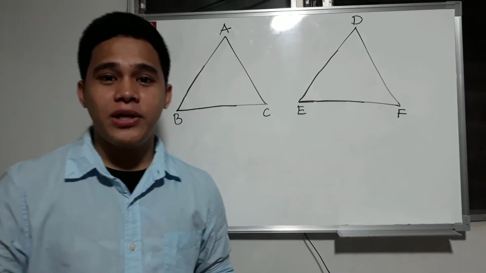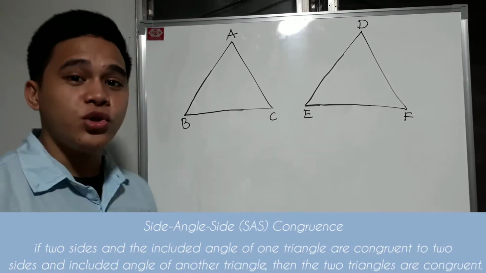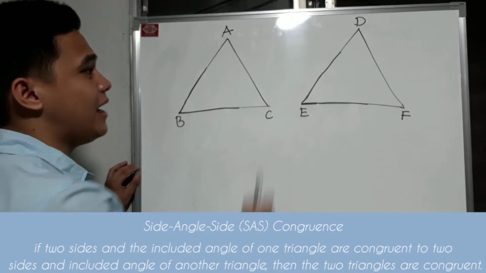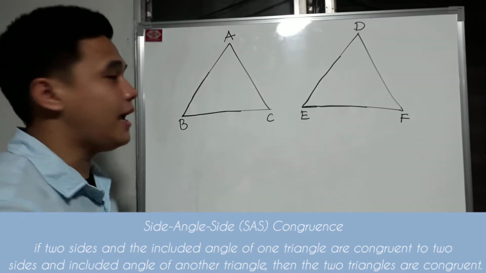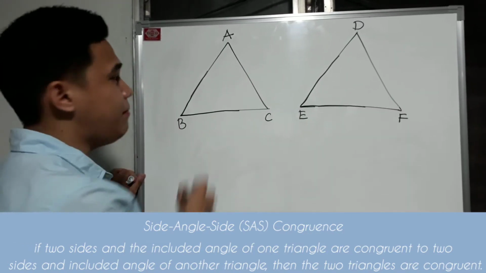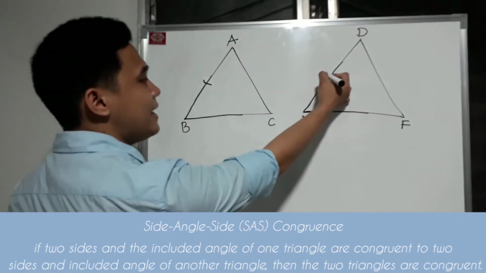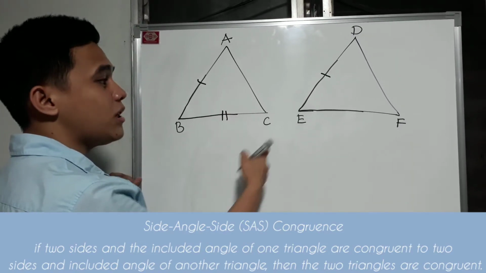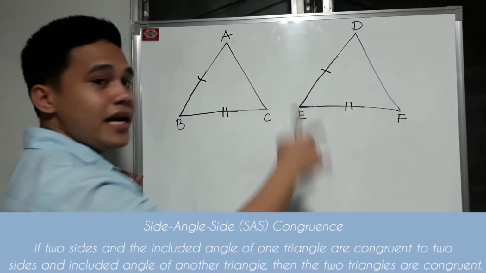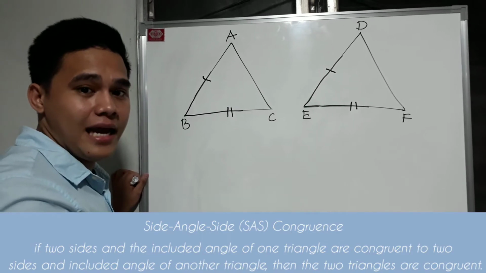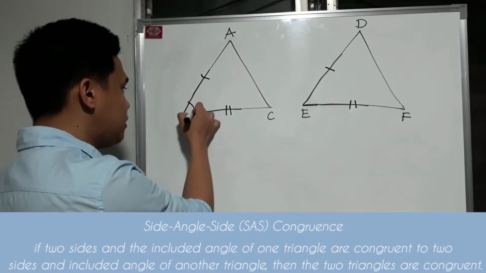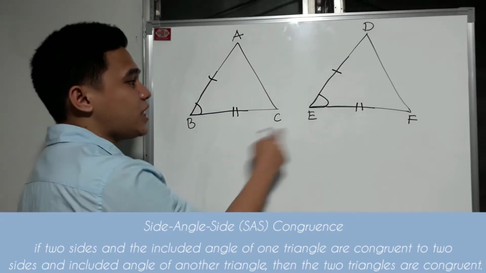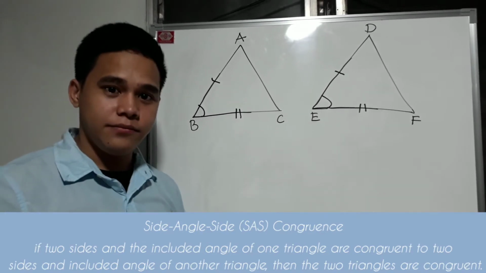So this postulate states that if we have two triangles, let's say the first triangle is ABC and the second triangle is DEF, and let's say side AB is congruent to side DE and side BC is congruent to side EF, and their included angles are also congruent, which is angle B and angle E. Therefore, these two triangles are congruent.